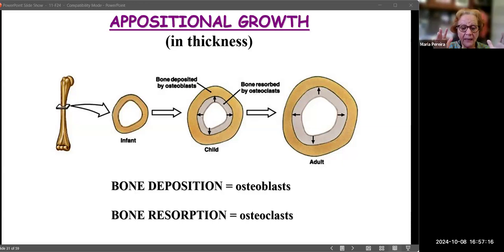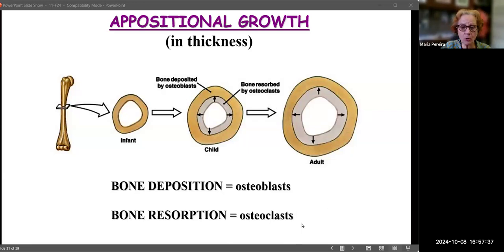So you have the combined action of osteoblasts that make the compact bone layer thicker and osteoclasts that increase the diameter of the medullary cavity. So you have bone deposition by the osteoblasts and bone resorption by the osteoclasts.